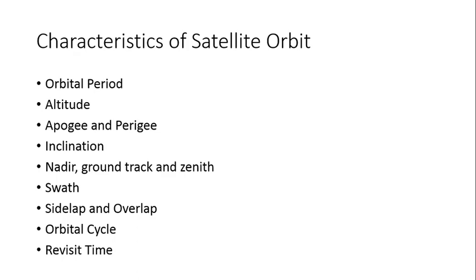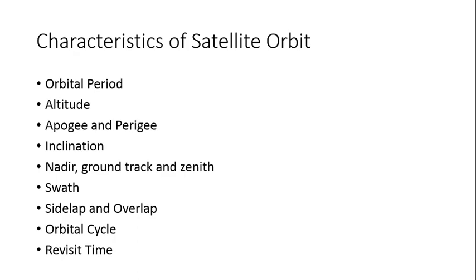Another important characteristic is apogee and perigee. Apogee is the point in the orbit where the satellite is at maximum distance from the Earth. Orbits are elliptical in shape, or near circular in shape.